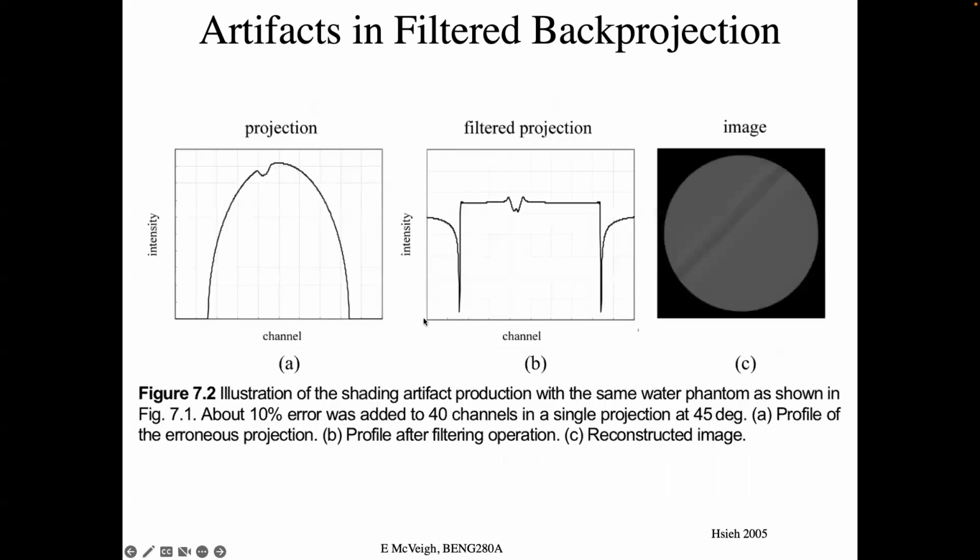If for whatever reason a set of pixels gives you this 10% change at 45 degrees, the filtered back projection of that view looks like a very dark streak through the image. So any kind of instability in this signal gets amplified by this convolution process, and you get these streaks.